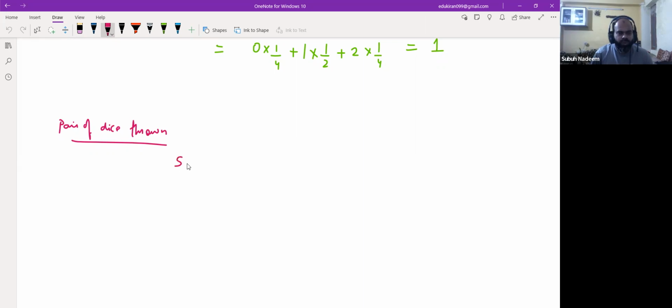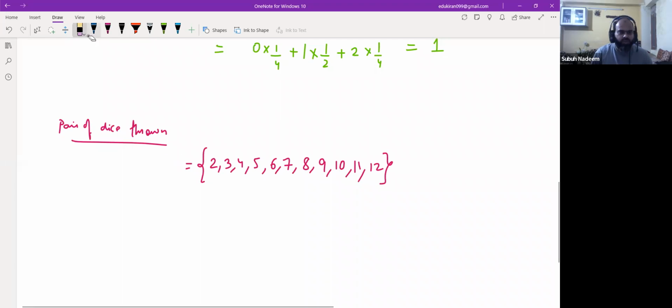So the sum could be 2, 3, 4, 5, 6, 7, 8, 9, 10, 11, 12. I'm not writing the sample space. I'm writing the sum, that is the values of X that can be taken.